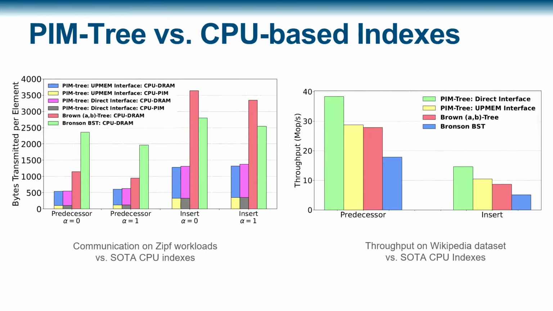We also have results versus shared memory indexes. So we did the Brown A-B tree and the Bronson tree. I'll let Hongbo describe these graphs in more detail, but the punchline is that this is communication. This is bytes transmitted per element. And our approach, well, there's different flavors of our approach, but the main one to focus on, I guess, is this purple, or either of these.